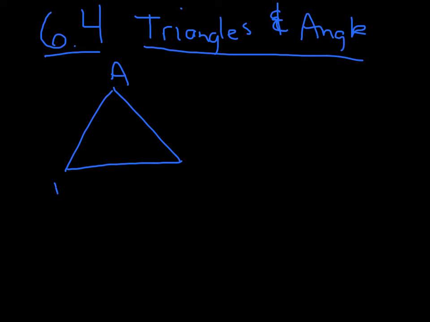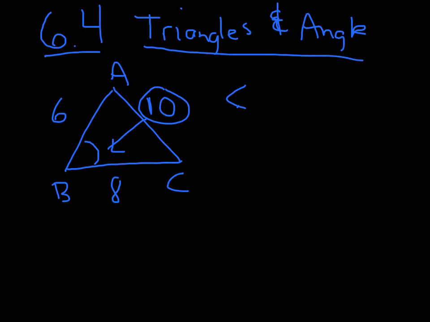If we have triangle ABC, and I give you these three side lengths, the question is, which is the largest angle, which is the smallest angle? Well, across from the longest side is going to be the largest angle.